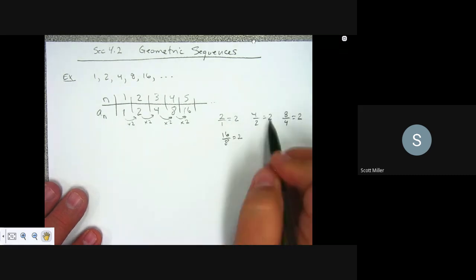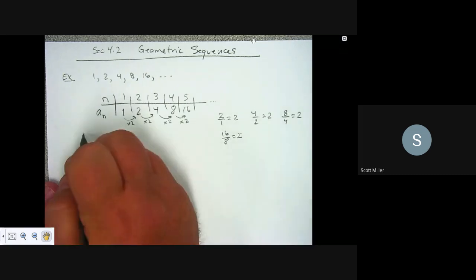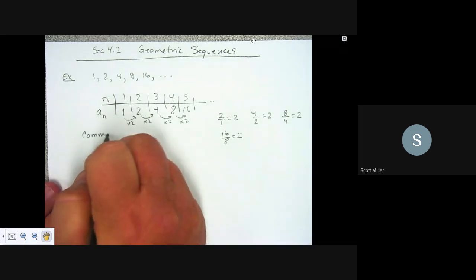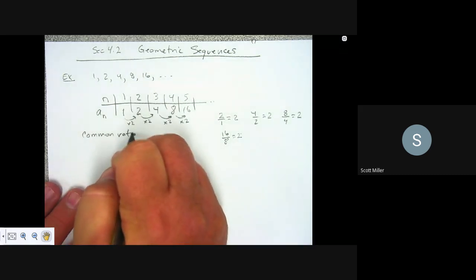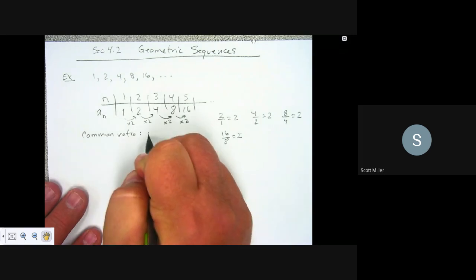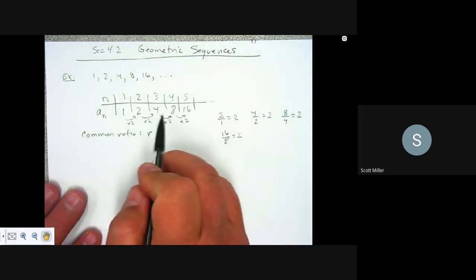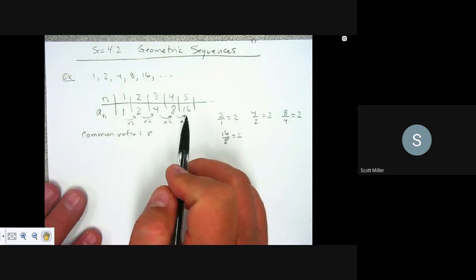And so this number, which is the same number each time, is what's called the common ratio. The common ratio, and they use the letter R for that. So R is the common ratio. It is found by taking two consecutive terms in your geometric sequence and dividing.